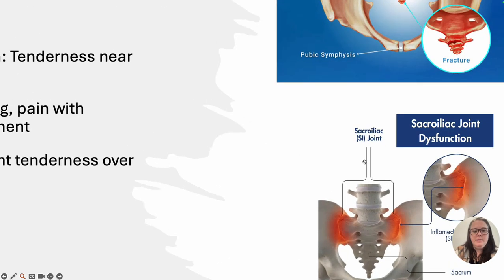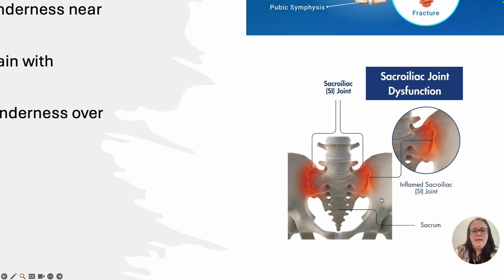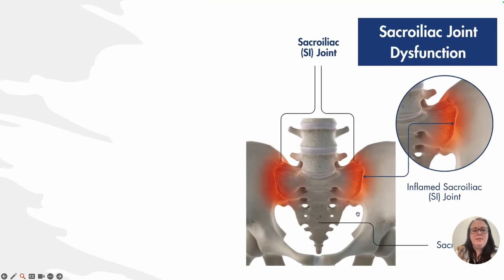Remember yesterday I said the SI is where the sacrum and your hip bones attach, your iliac or your ilium. Since this is a tiny little joint, it doesn't have the same motion that you would think other joints in the body do. There's very, very little movement with the SI joint. It's not meant to move a lot, just a little bit of fluctuation, just tiny. But since it is still a joint, you can get issues with that.